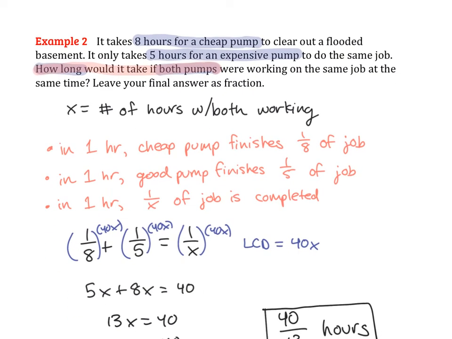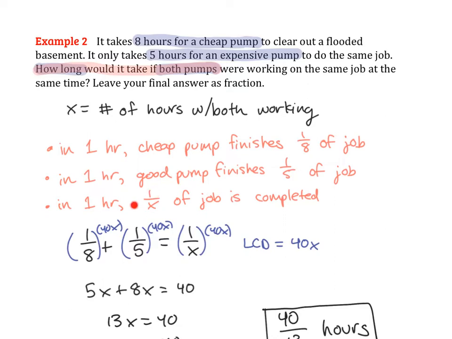I'm going to think about this in terms of how much work can be done over the course of 1 hour. So if it takes 8 hours for the cheap pump to finish the job, that means in 1 hour it finishes 1/8 of the job. If it takes 5 hours for a pump to do a job, that means in 1 hour it finishes 1/5 of the job.